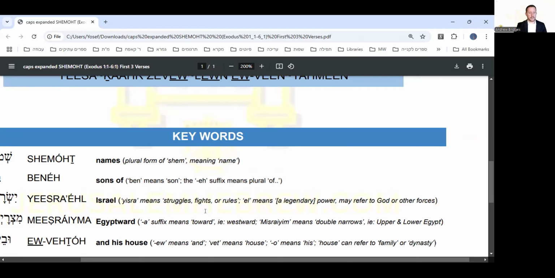And El often refers to God, but it doesn't mean absolute divinity. So it can certainly refer to the true God, but it doesn't inherently mean God. That is a common misconception. El refers to a power of legendary renown and might, a legendary power of might.